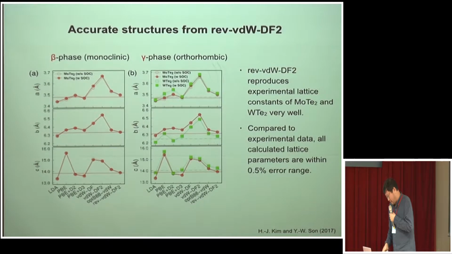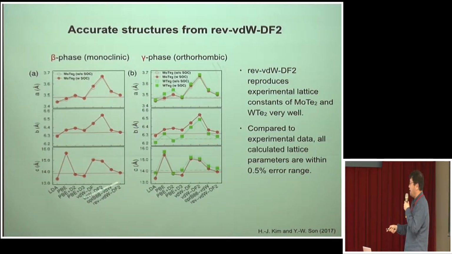So we calculated with our new revised van der Waals DF2, and this is the a, b, c lattice constants for molybdenum ditelluride and tungsten ditelluride with and without spin-orbit coupling. You can see that this line is experiment, and that line is the calculation for the various van der Waals functionals. You can see that all lattice constants are reproduced very well by the revised van der Waals DF2.